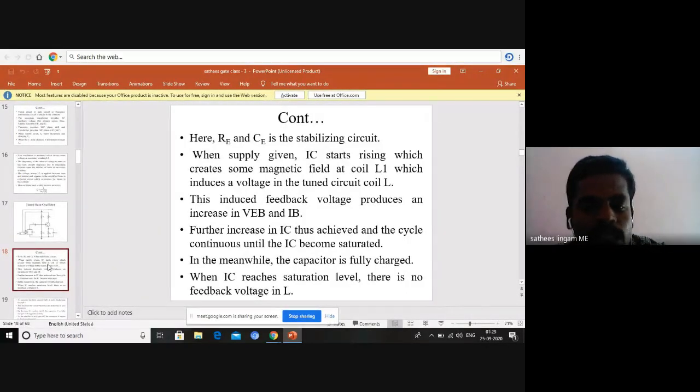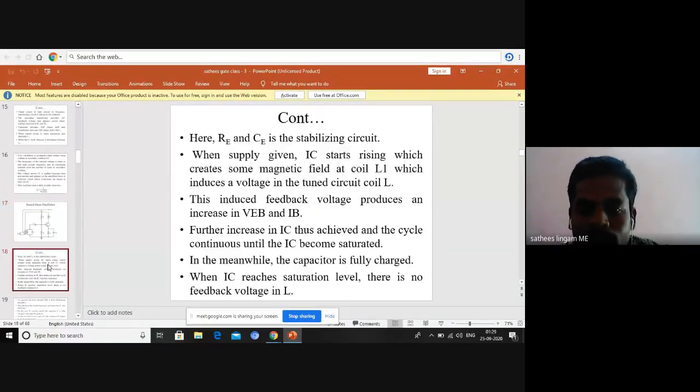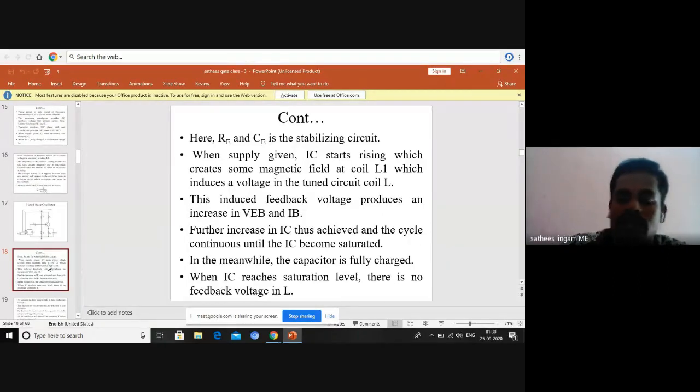L1 is coupled with L, so inductor L is getting energized and magnetized. Again that process is repeated, charging the capacitor and L1. Further increase in IC is achieved and the cycle continues.